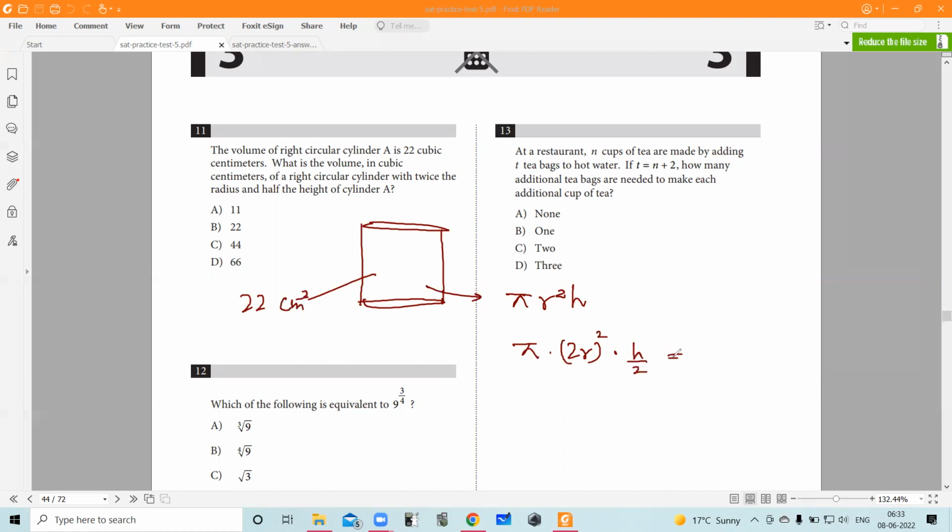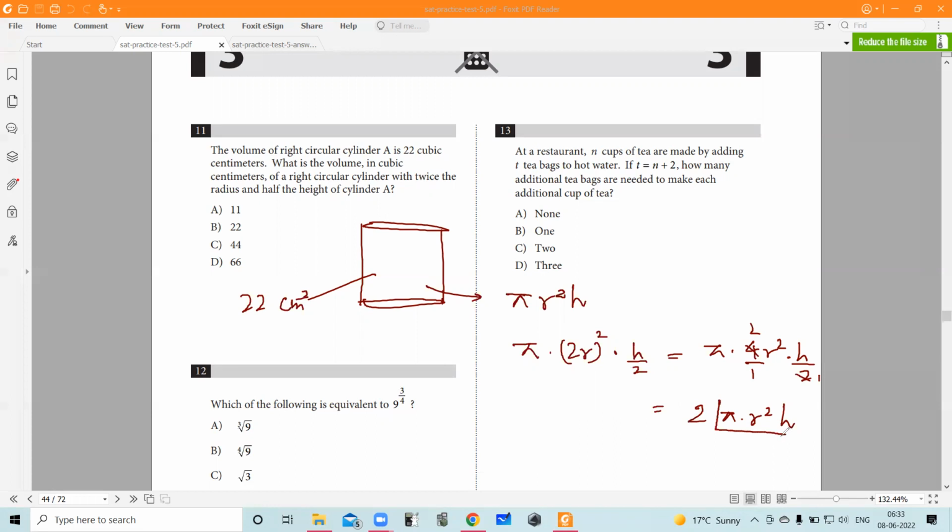So when solving it, I'll get pi times 2r whole squared. Doesn't that mean it's 4r squared? Right, because you have to square both of them. And then h over 2. When simplifying, it'll be 2 times 1, 2 times 2. When putting 2 in the front, I'll again get pi r squared h. Am I right?